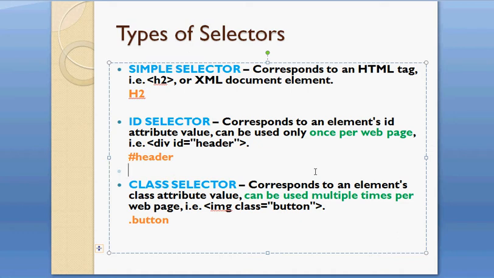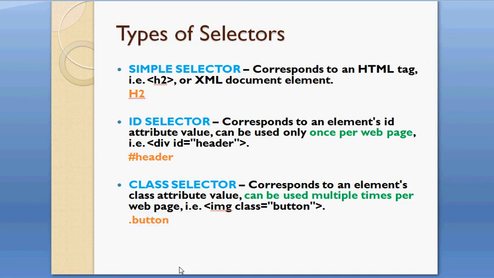You only use an ID selector once per page. The class selector is one you want to use again and again. Usually it starts with a dot and then the name. So that's how you define the selectors.